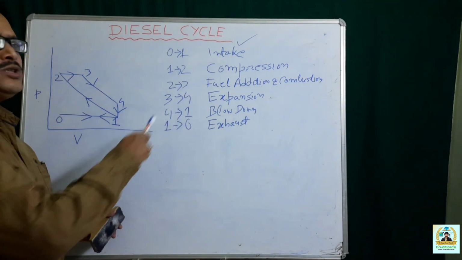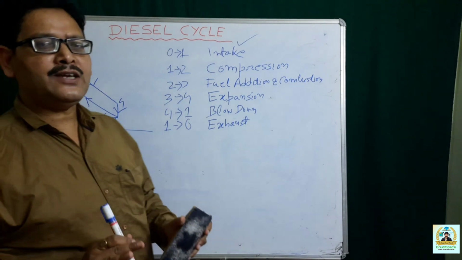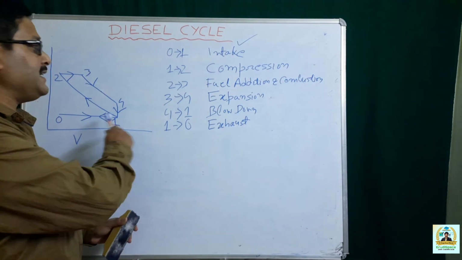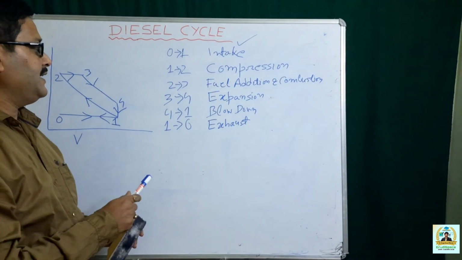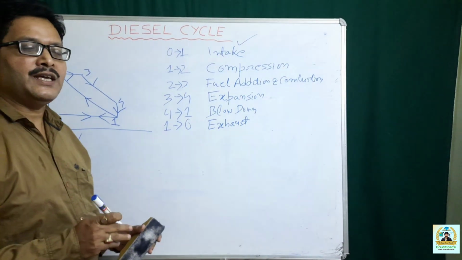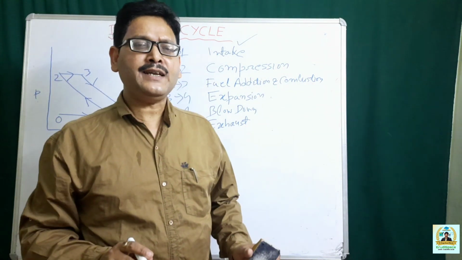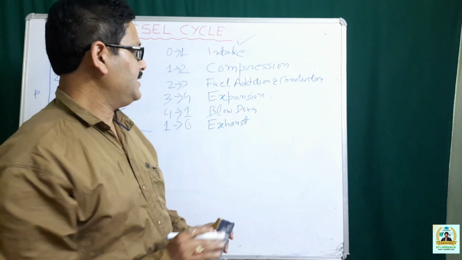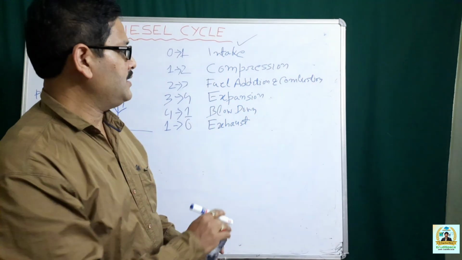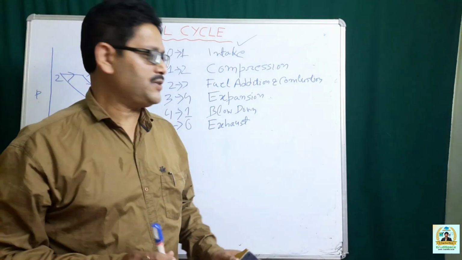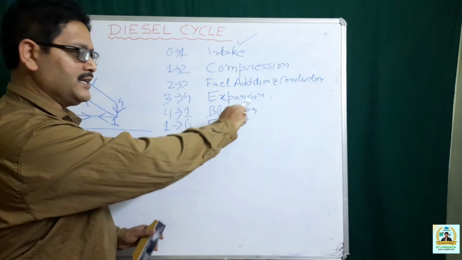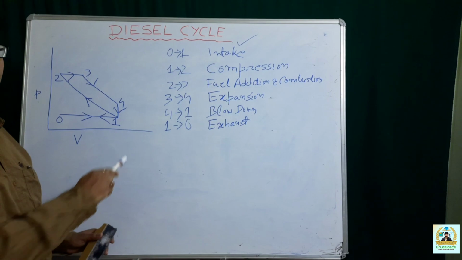Then 2-3 represents fuel addition and combustion, because only air is admitted into the system during the intake, and during process 2-3 fuel is added and the compressed air, coming in contact with the fuel, undergoes combustion. 3-4 represents the expansion, as has been shown here.